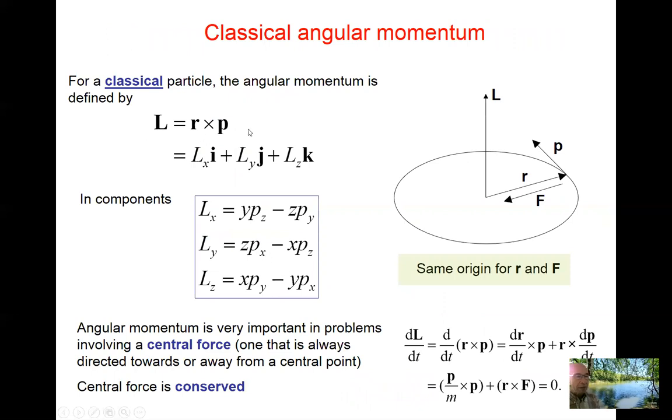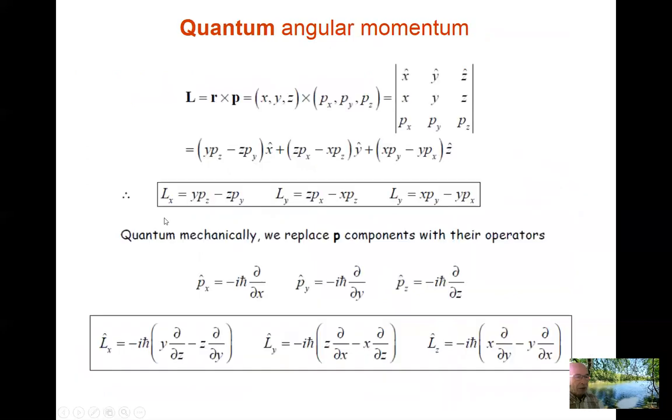So for classical particles, we have this definition of angular momentum as a cross product of distance and momentum. But now what we need to do is to introduce operators, which will be Hermitian operators, because we are now moving into the quantum mechanical description of angular momentum. And so for doing that, we need to move to the quantum mechanical representation of momentum.